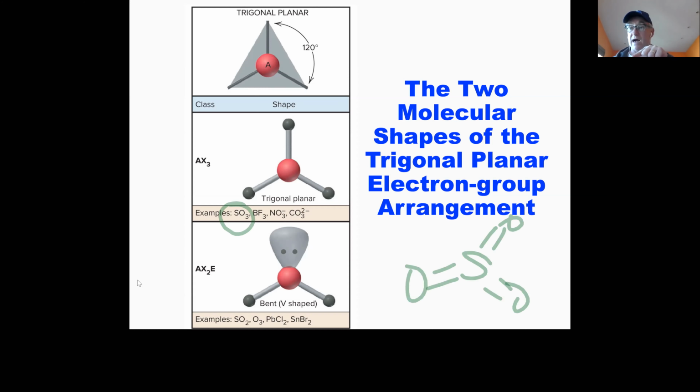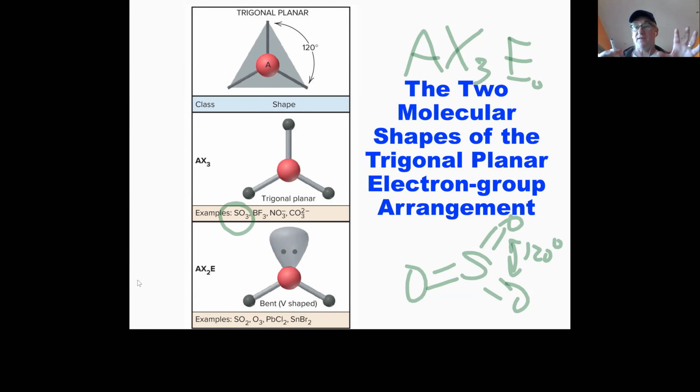Sulfur has 3 oxygens around it and no lone pairs in this setup. So A is the sulfur, X are the 3 oxygens, and E is 0. The most stable way for that to form is on a plane with 120 degrees between each oxygen. The oxygen, sulfur, oxygen bonds are all the same. This is a completely symmetrical molecule.